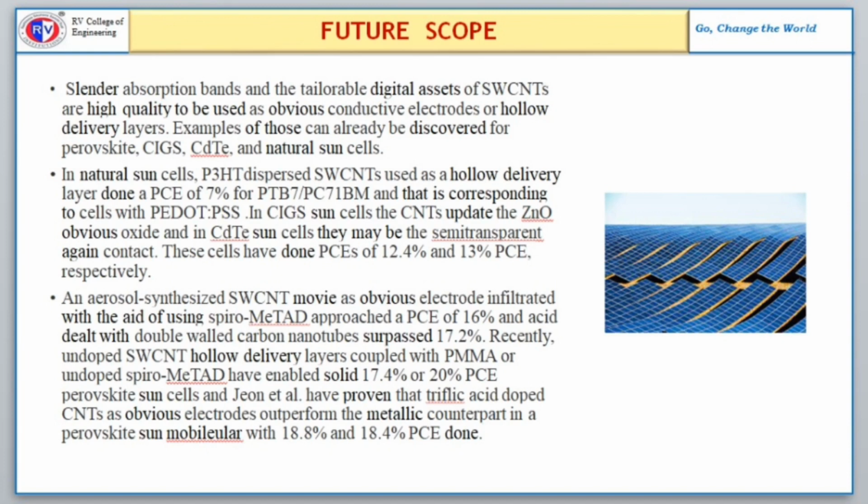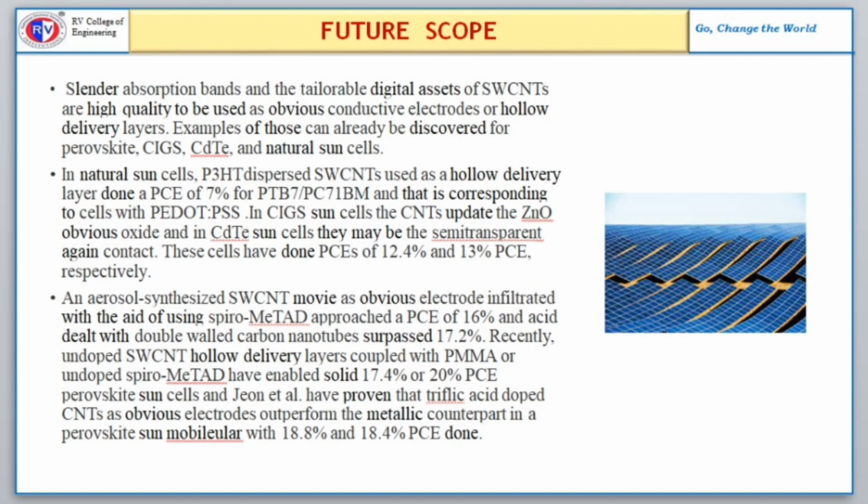Also, an aerosol synthesized single wall carbon nanotube film as a transparent electrode infiltrated with Spiro method reached a PCE of 16%, and acid treated double walled carbon nanotubes surpassed 17.2% recently, and doped single wall carbon nanotube hole transport layers coupled with PMMA or undoped Spiro have enabled solid 17.4% to 20% PCE.